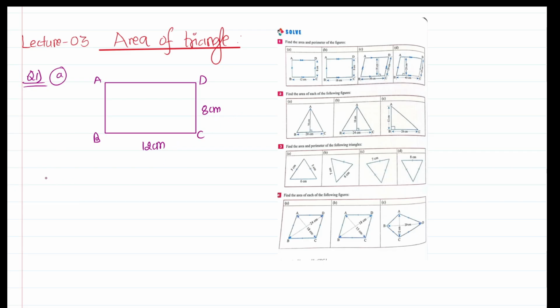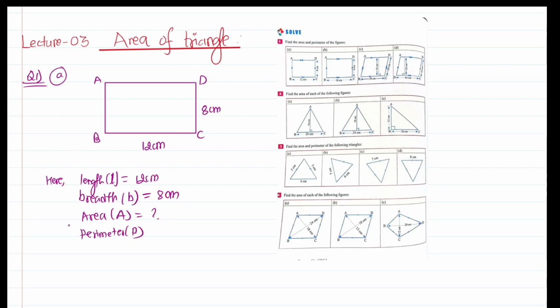So here in this rectangle, length L is 12 centimeter and breadth B is 8 centimeter. We have to find area and perimeter.